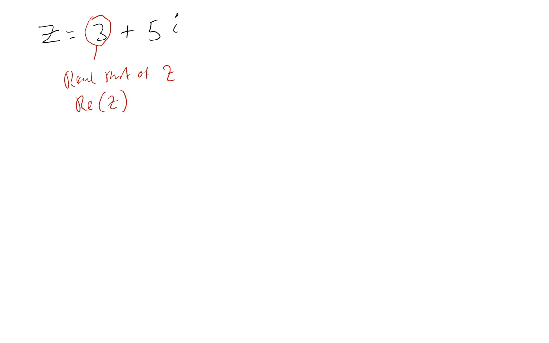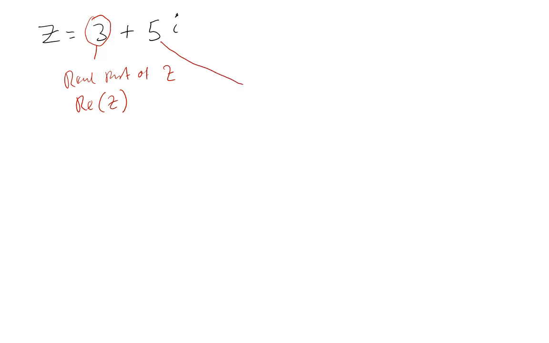Now, suppose we have a complex number z equal to 3 plus 5i. Then this 3, we call it the real part of z, and it is denoted by Re of z.